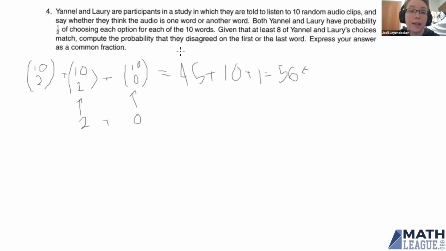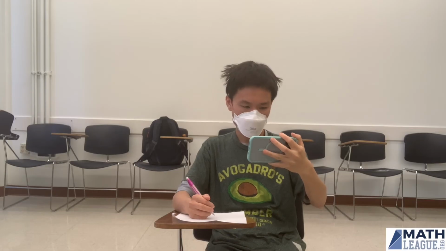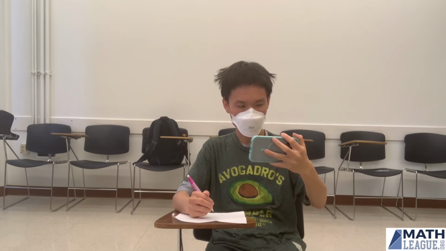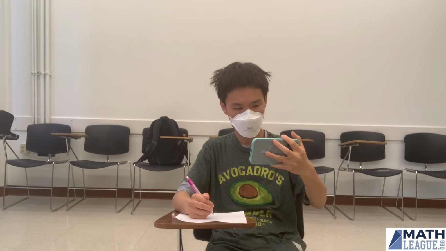So if they agree on both the first and the last word, then their 2 disagreements have to fit into the numbers between 2 and 9, which is 8 total options. Then we can pick the 2 that they got different from the 8 in the middle and get a result of 8 choose 2, or 28 options.